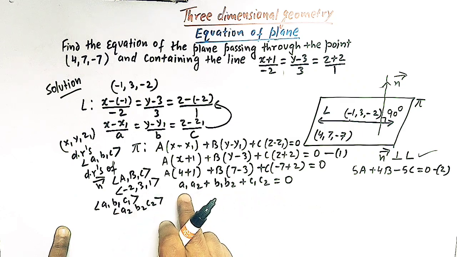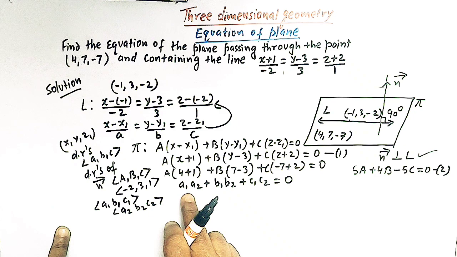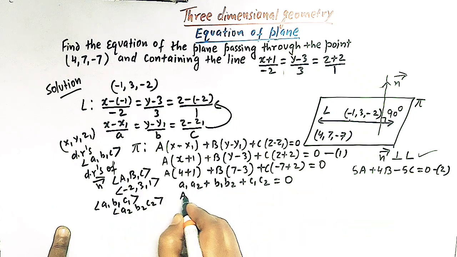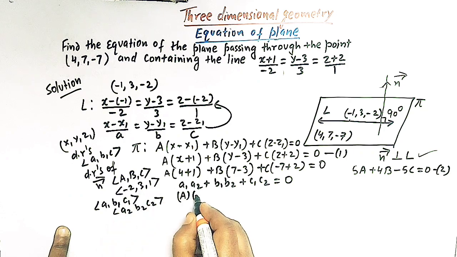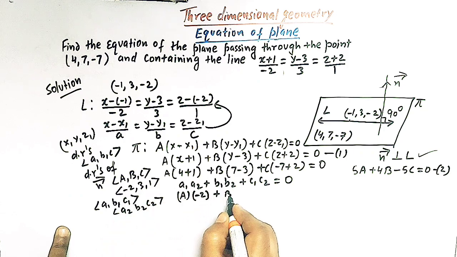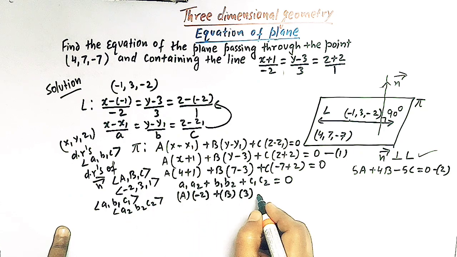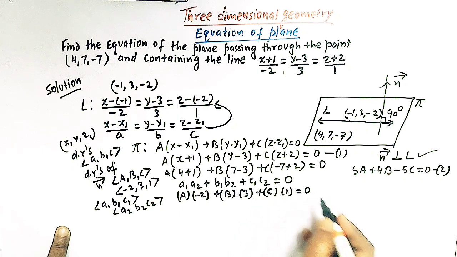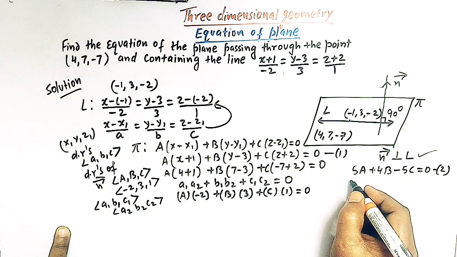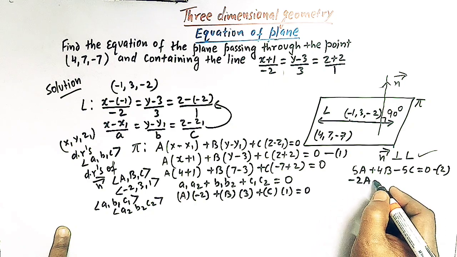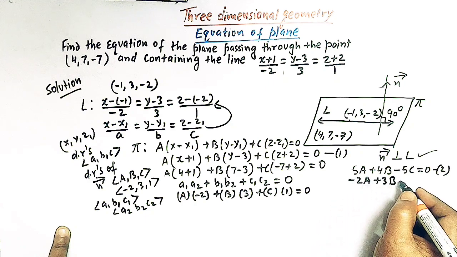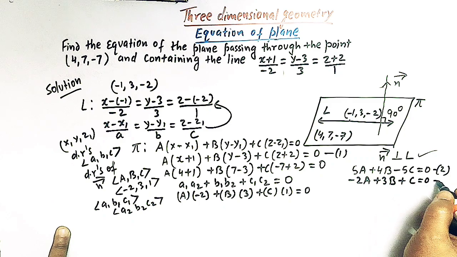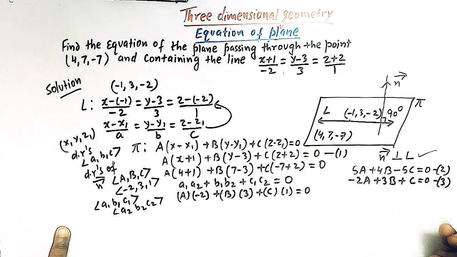Using this condition for perpendicularity of two vectors, we write A times -2, plus b times 3, plus c times 1 is equal to 0. So we have -2a + 3b + c = 0. This is our equation number 3.